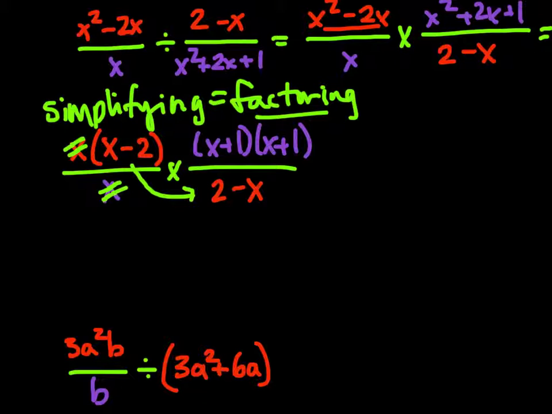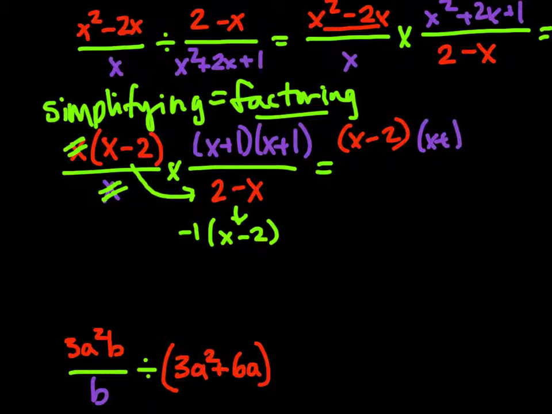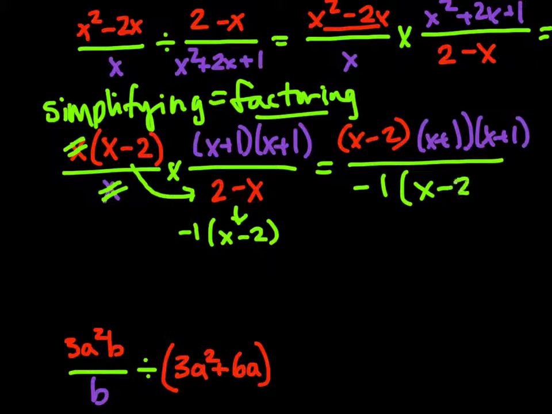If we remember from the last section, 12.3, a way that we can simplify when it is an opposite binomial is by rewriting this second binomial as x minus 2, rewriting it the way we want it to look, and adding a negative 1 out in front, multiplying it. So that can then be rewritten as x minus 2 times x plus 1 times x plus 1 over a negative 1 times x minus 2.